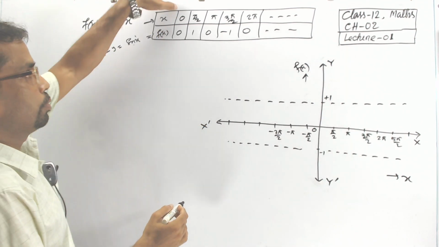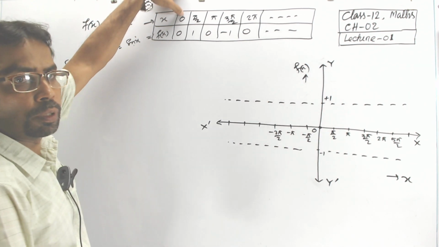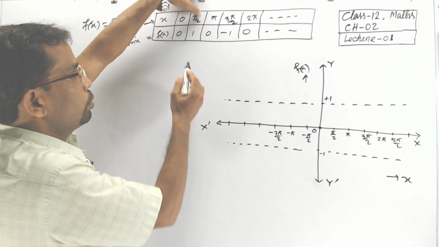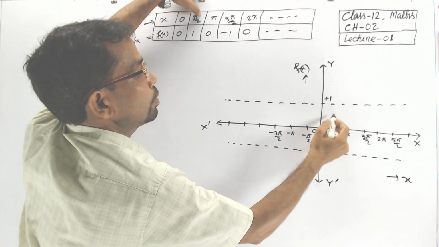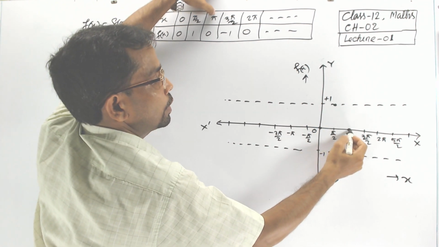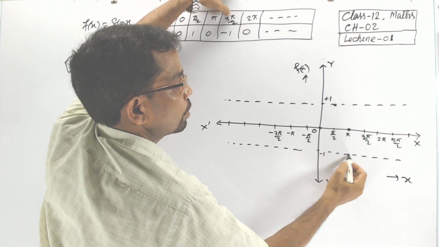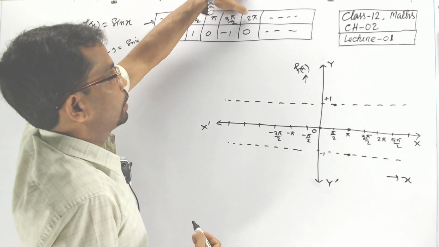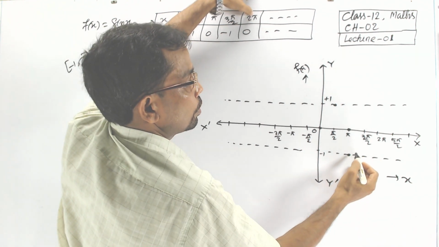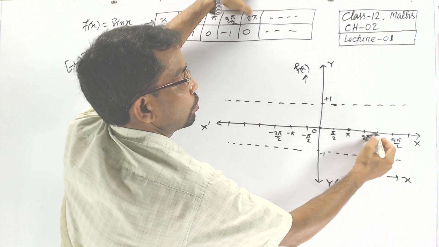Now the first point: you see when x is 0, f(x) is also 0, that means 0, 0 is the origin. Then at pi by 2 the f(x) value is 1, the point is here. At pi it is coming to 0 again. At 3 pi by 2 it is going to minus 1. At 2 pi it is going to 0.